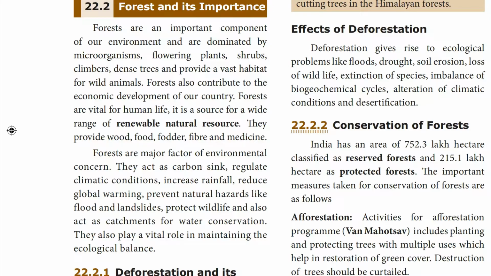It is important to measure the forest area, by which we will be able to maintain them, and we need to conserve this forest. Afforestation. Afforestation means planting more number of trees and protecting the trees with multiple use, which will help in the restoration of the green cover on the earth's surface.